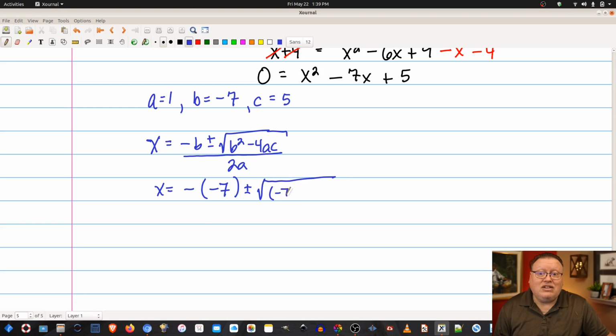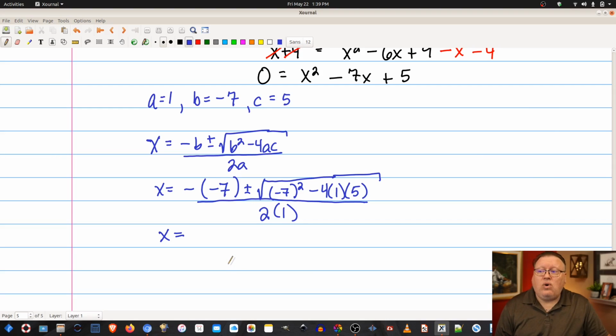Again, that negative gets squared also, so another good reason to use parentheses, because if you punch negative 7 squared on your calculator without the parentheses, you're going to end up with a negative number, and that's not going to give you the correct answer. So now we have minus 4 times a, which is 1, and times c, which is 5. And all of this is over 2 times a, which is 1.